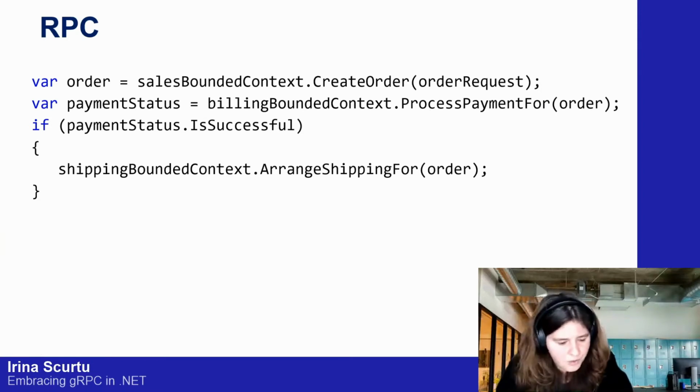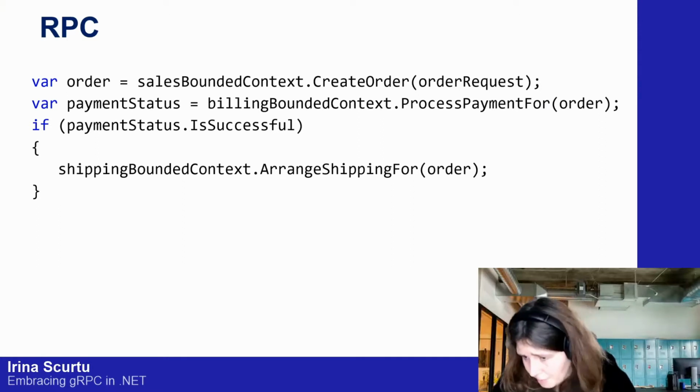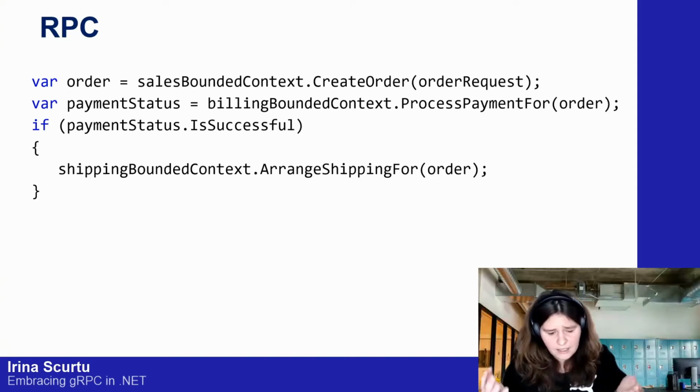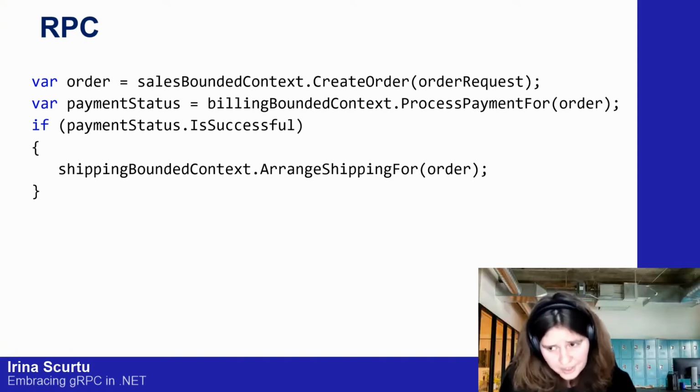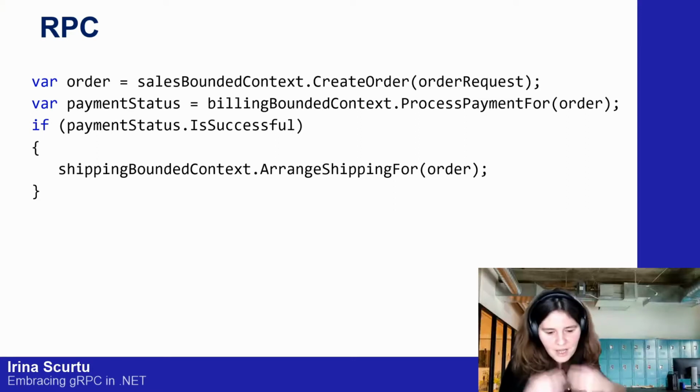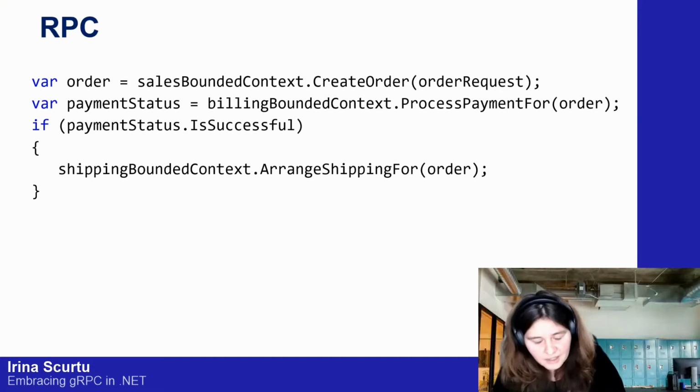And then I'm checking that if the payment status is successful, I'm going to arrange the shipping. Everything looks like it belongs to the same project, right? It's from the same app. It's very code oriented, right?